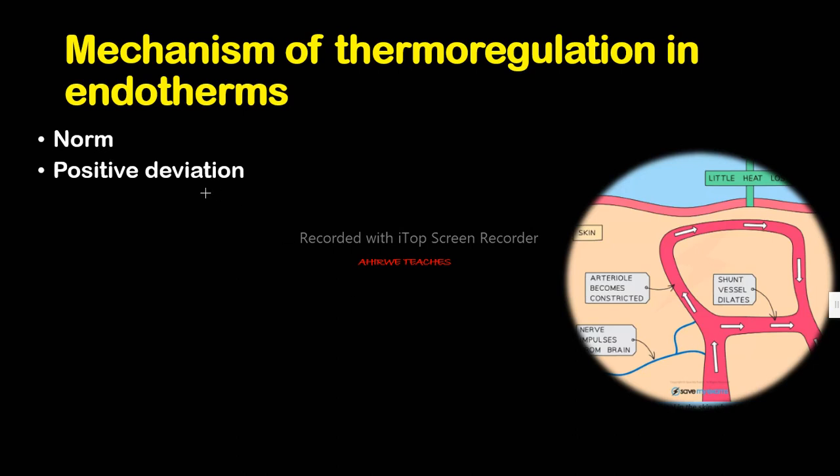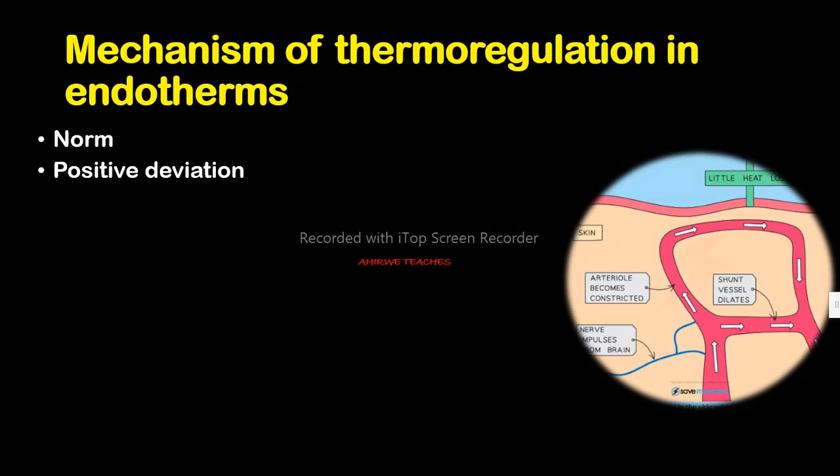And in this case, the stimulus is any deviation from the norm, and let's begin with a positive deviation. That is if the temperature goes above normal. Maybe somebody is involved in a state of physical activity, somebody is physically active, maybe it's the weather, it's really hot, maybe in any way, the temperature goes above normal.